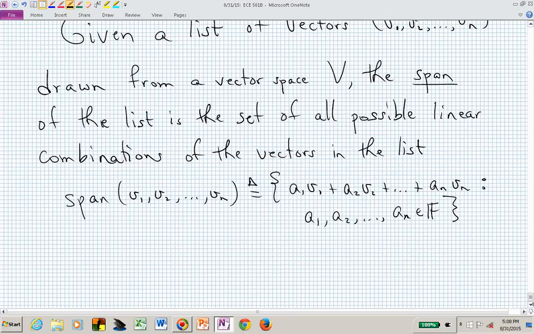That's what we mean by the span of these vectors v1 through v sub n.